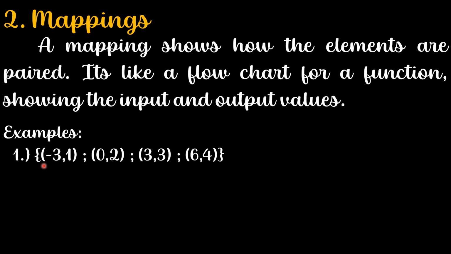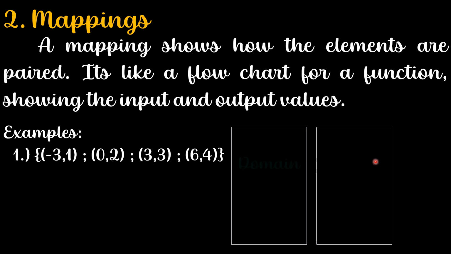We have here the relation negative 3, 1, 0, 2, positive 3 and 3, 6 and 4. So, in mapping, kinahanglan magbuhat ta og two separate boxes or columns for domain and range. Our domain here is negative 3, 0, 3, and 6.